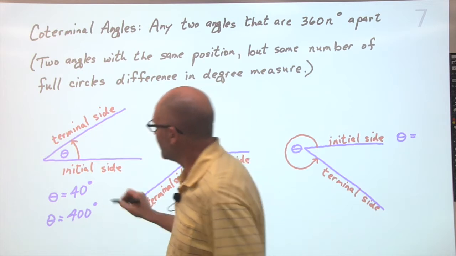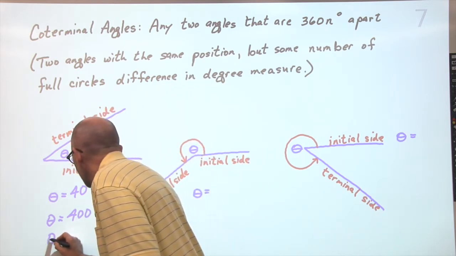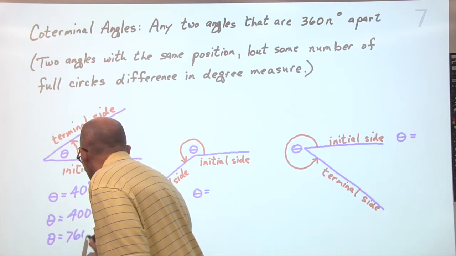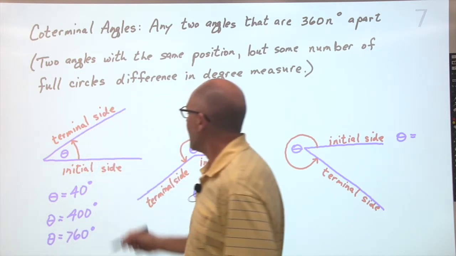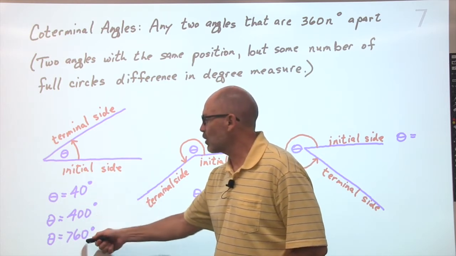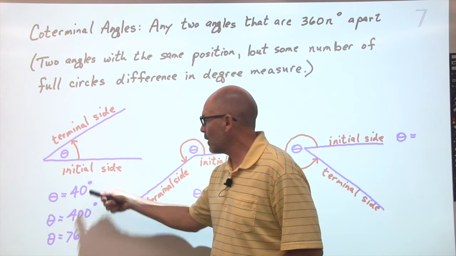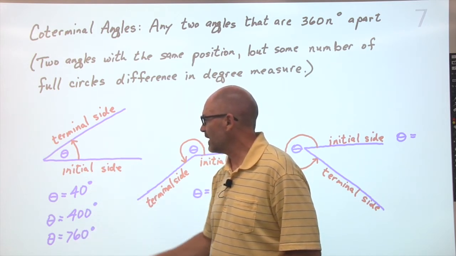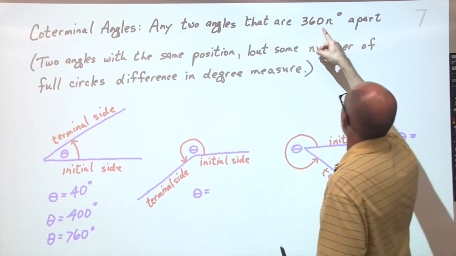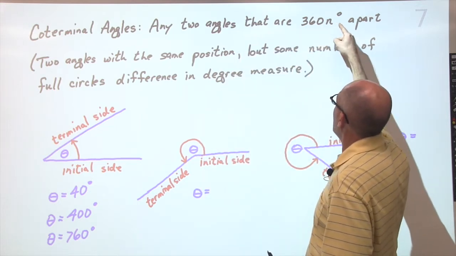Now if I add 360 again, then I have theta equals 760. And I could just keep adding 360, and I keep getting coterminal angles. So 40, 400, 760 are all coterminal angles because they are all 360n degrees apart.